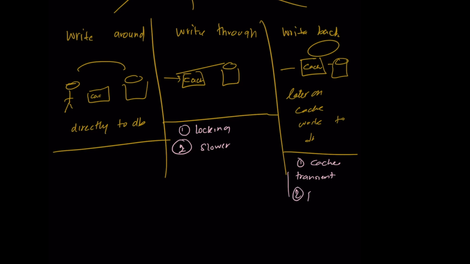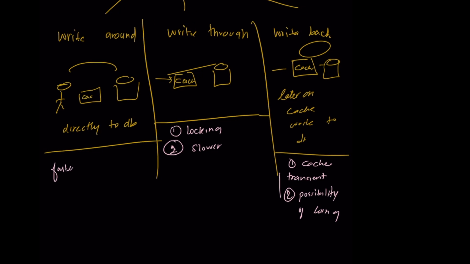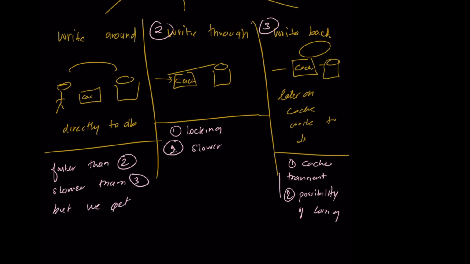So we have the possibility of losing data. And over here, there's only one write, so it is faster than 2, which is the write through. So I'm calling this 2 and this 3, but it's slower than 3. We get the added benefit of persistence.